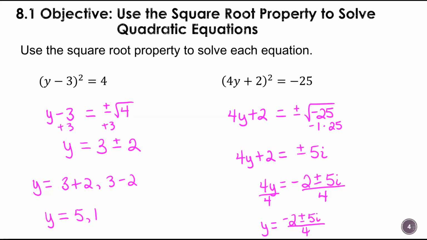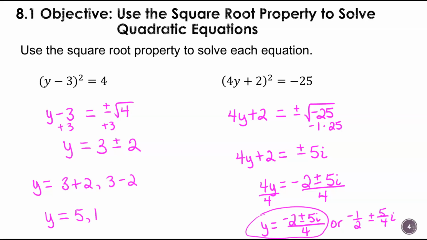Or you could write it with two separate fractions. Right, so that would be negative 2 over 4 is negative 1/2 plus or minus 5/4 i. It's perfectly fine just to leave it the way it was here, and probably that would be the easier way to go.